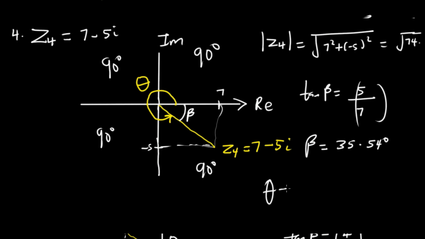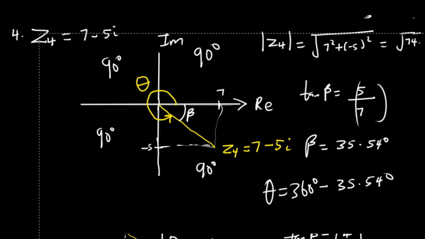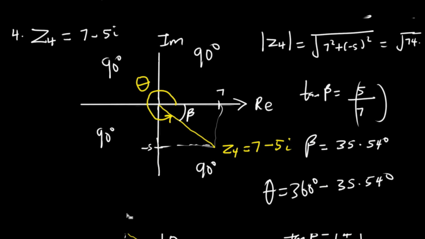So theta equals 360 degrees minus 35.54 degrees, which is 324.46 degrees. So this is our angle theta, 324.46 degrees.